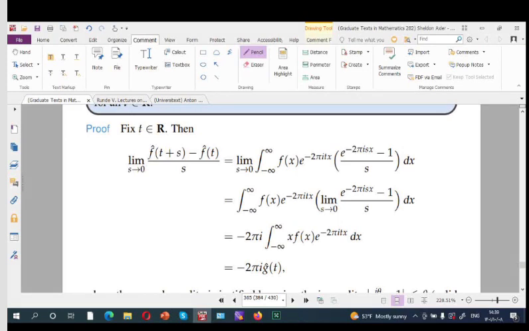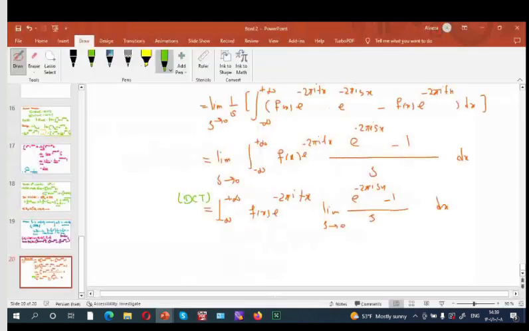So you can see that this limit equals 0, and by L'Hospital's theorem, the numerator and denominator of this fraction at 0 equal 0, so by L'Hospital's theorem this limit equals this limit.